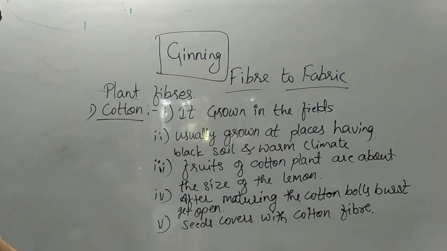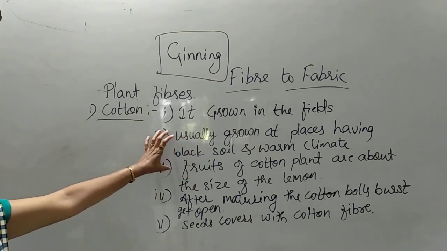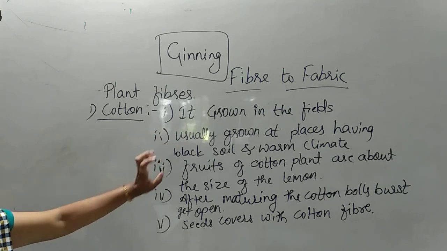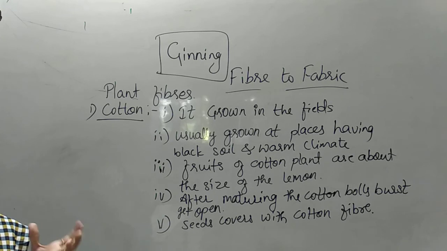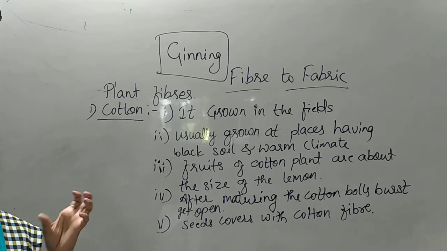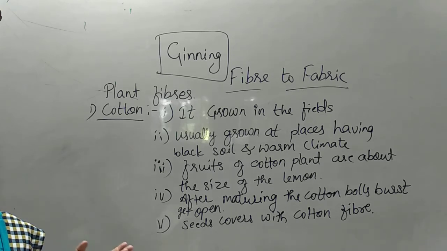Once the cotton has grown completely under these climatic conditions, the fruits of the cotton plant will be seen. You have seen that the size will be about a lemon, or even more, depending on what type of seed we cultivated.